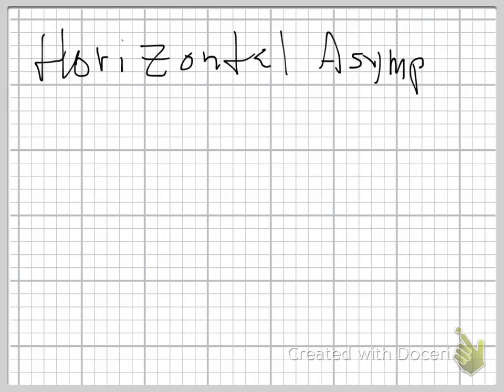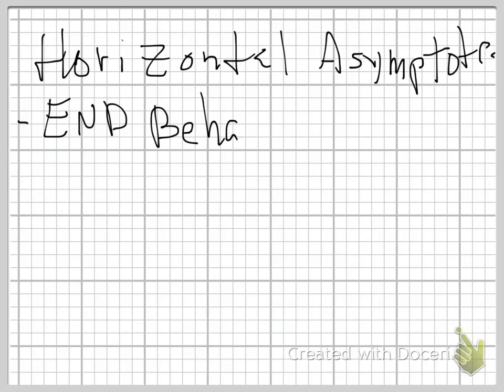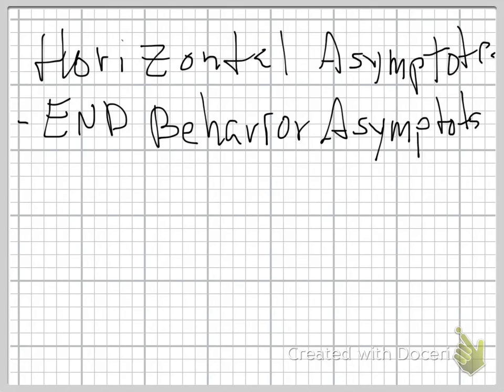I prefer to call them end behavior asymptotes, or simply EBA for short.